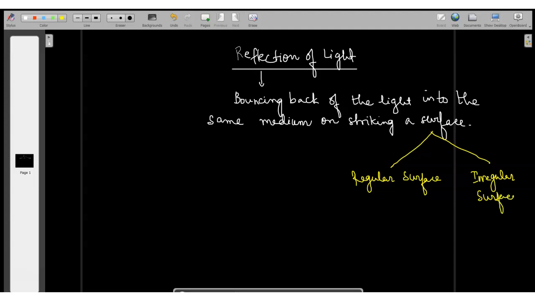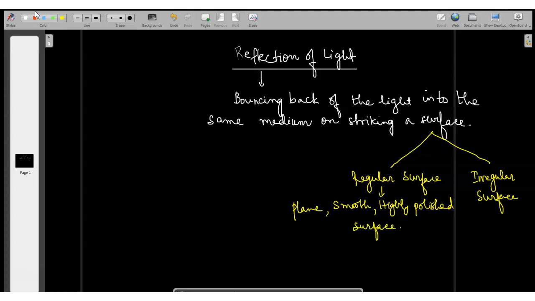When we talk about a regular surface, I basically mean a smooth, highly polished, plain surface.